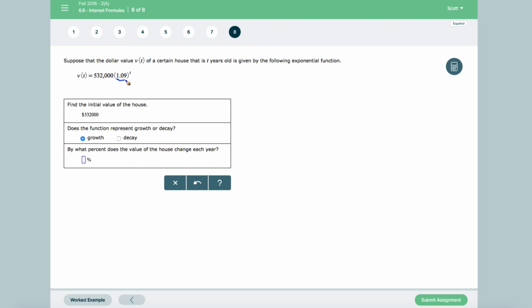In this case, this is bigger than 1.0, so I'm going to take 1.09 minus 1.00, and it's 0.09. So move the decimal 2 times, and we get 9%.